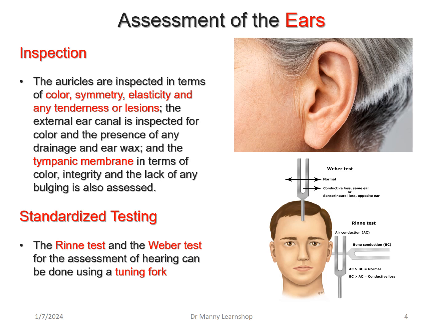The external ear canal is inspected for colour and the presence of any drainage or earwax, cerumen, and the tympanic membranes in terms of colour, integrity, and lack of any bulging is also assessed. But this would require an otoscope, which we are not using during inspection.